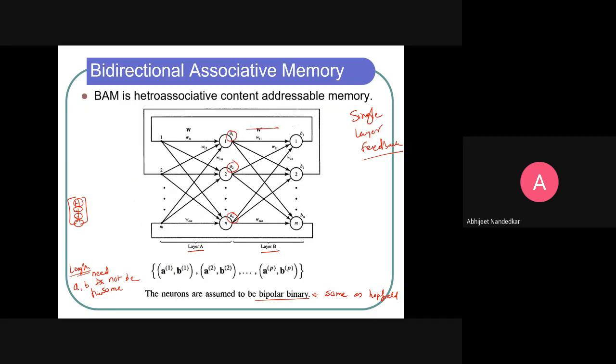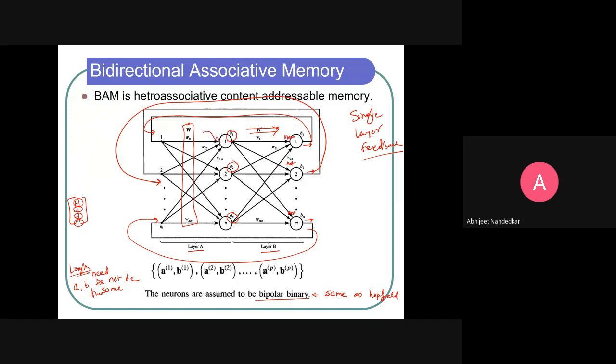It will be passed through this W to the next layer. So here net is computed and it is passed through some activation function, and output is available here. This output is fed back like this and passed through the W matrix.